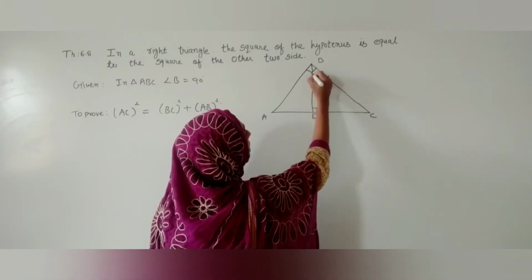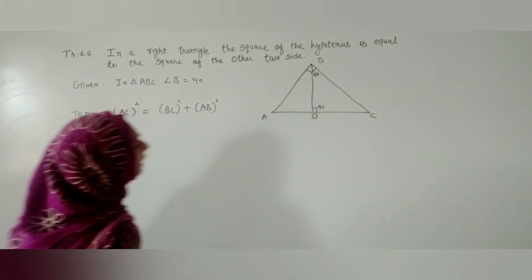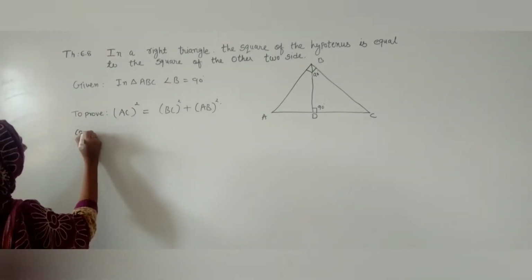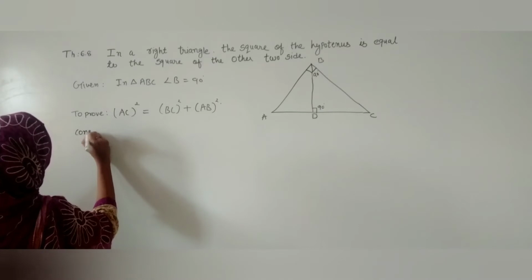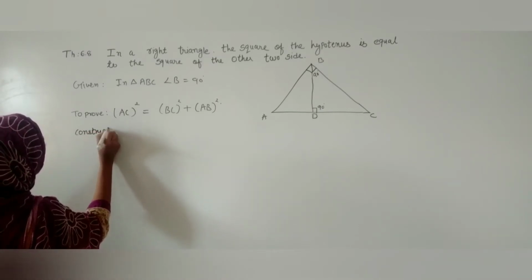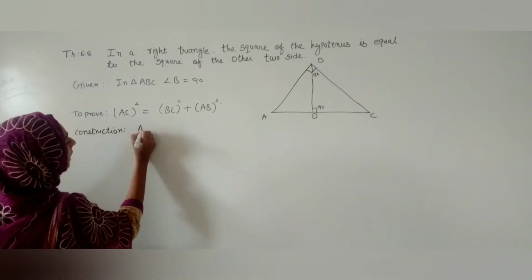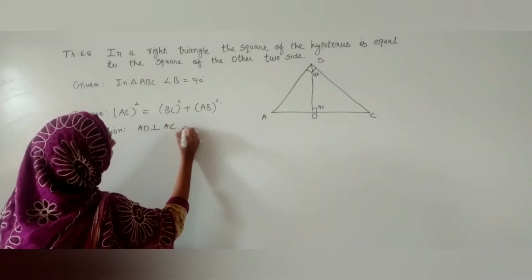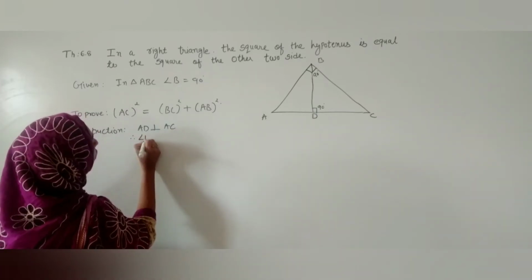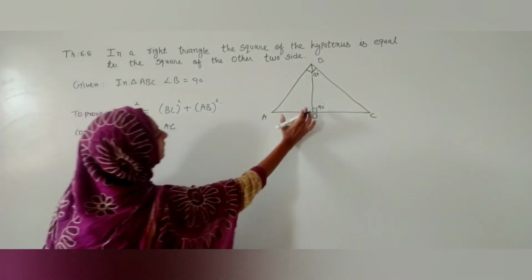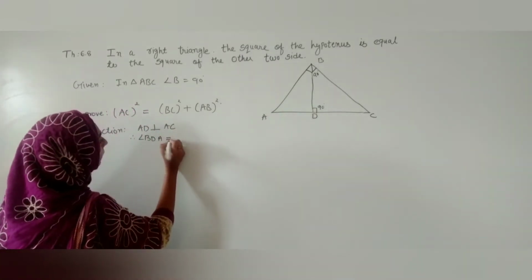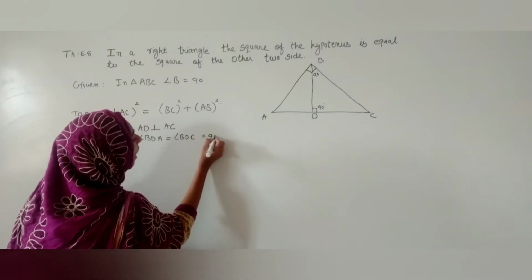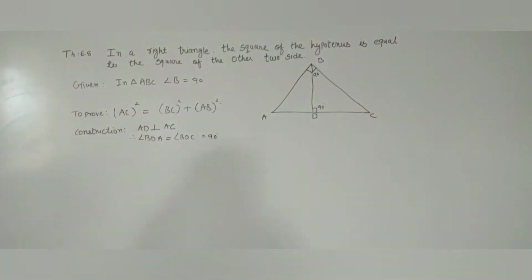So here we have mentioned that angle D is also 90 degrees, but since we have constructed this, we will mention it in the construction: BD is perpendicular to AC. Therefore, which two angles will be 90 degrees? Angle BDA, because D is in the center, and angle BDC are both 90 degrees. This we have constructed.